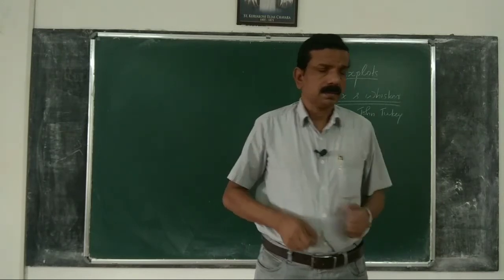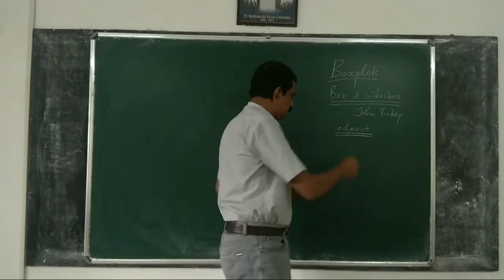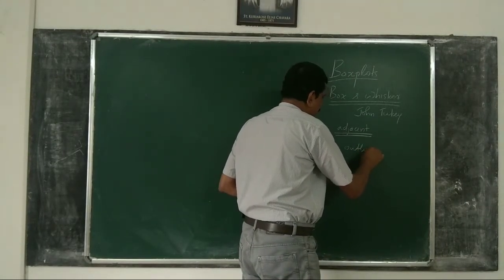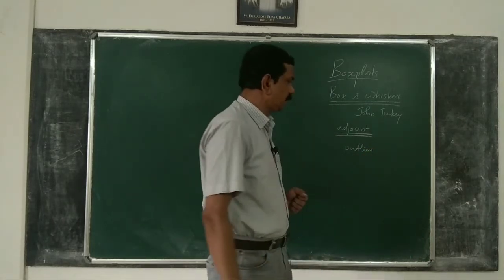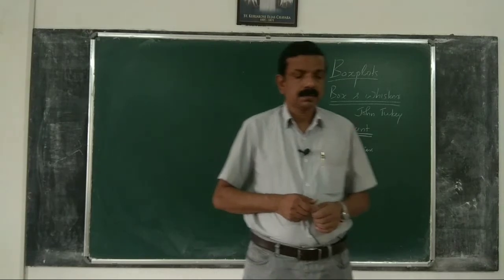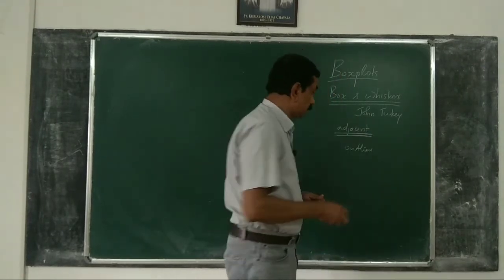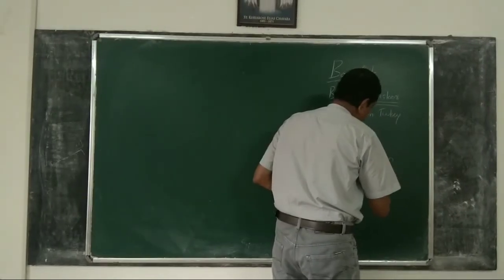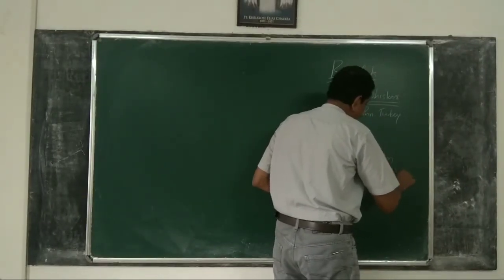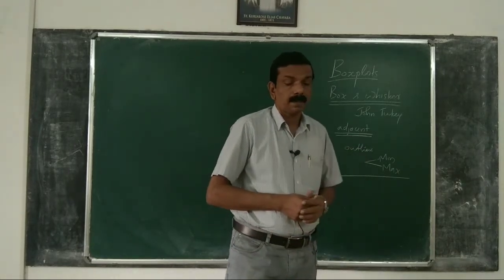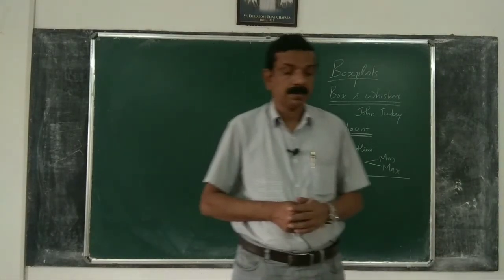And remember this, if there are no outliers, and in the last class we have discussed what an outlier is, then the adjacent values are nothing but the minimum and maximum values.